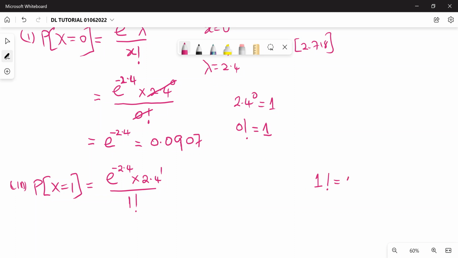So 1 factorial is the same as 0 factorial. We just need to evaluate the numerator. I take the answer I got in Roman 1 and multiply by 2.4. And the answer is 0.2177.